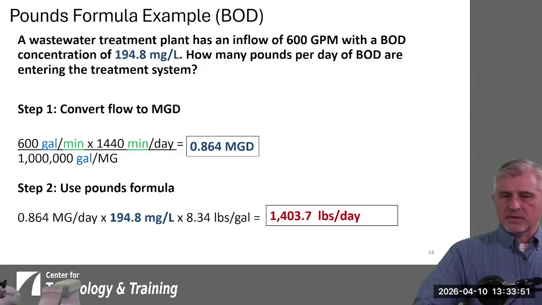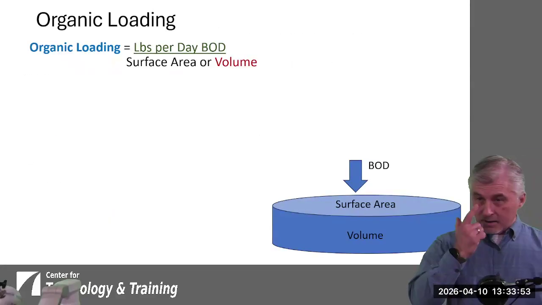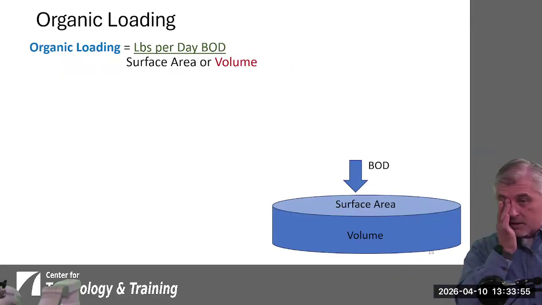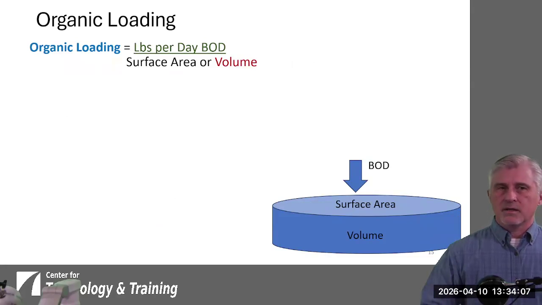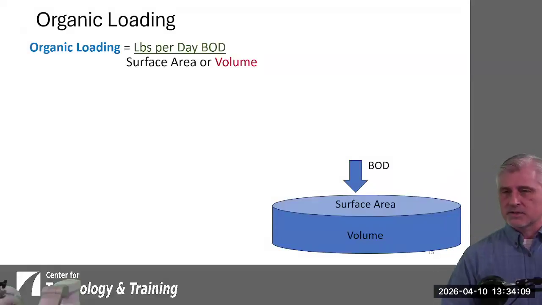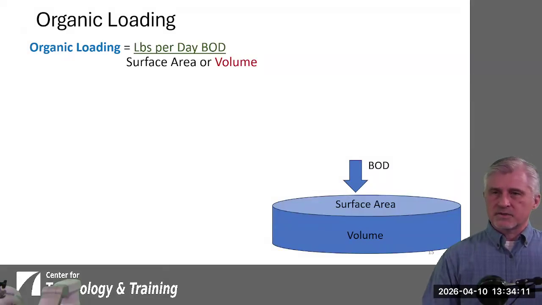Now, I think we talked a little bit about this, but we're going to look at organic loading. Organic loading is the pounds per day of BOD over either the surface area or volume, depending on what we need. In different situations we'll look at surface area, and in others we'll look at volume.